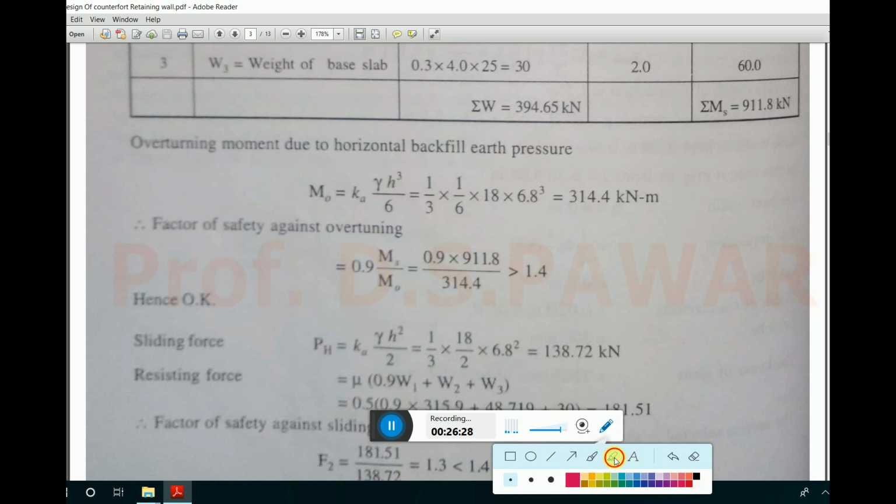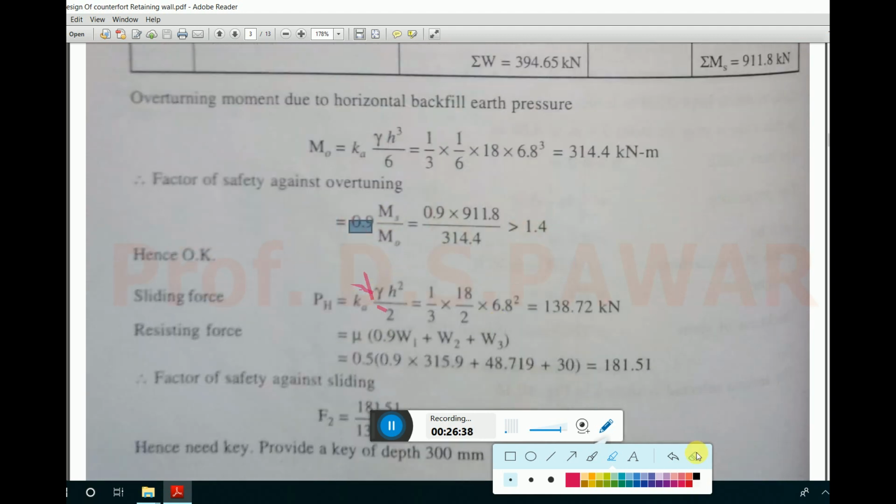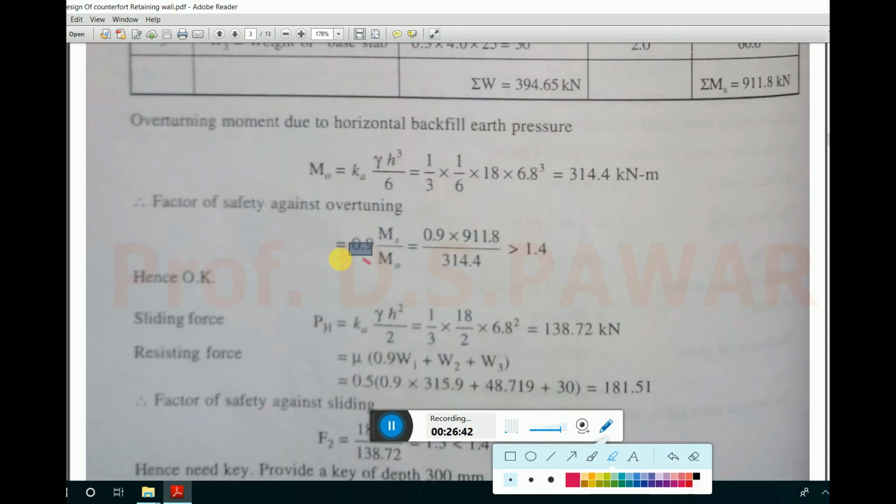So for factor of safety, again IS says that for safety against overturning, the value of Ms you should not take in full.